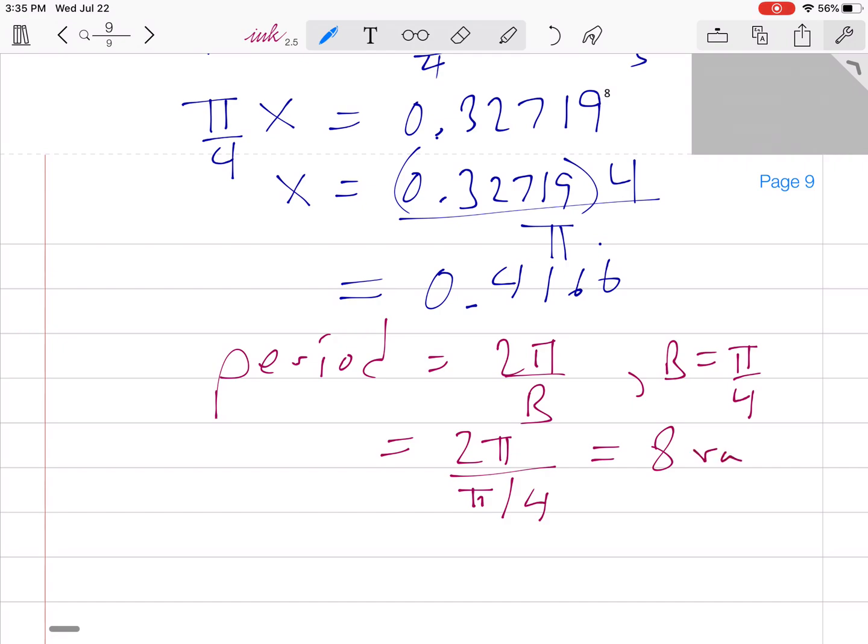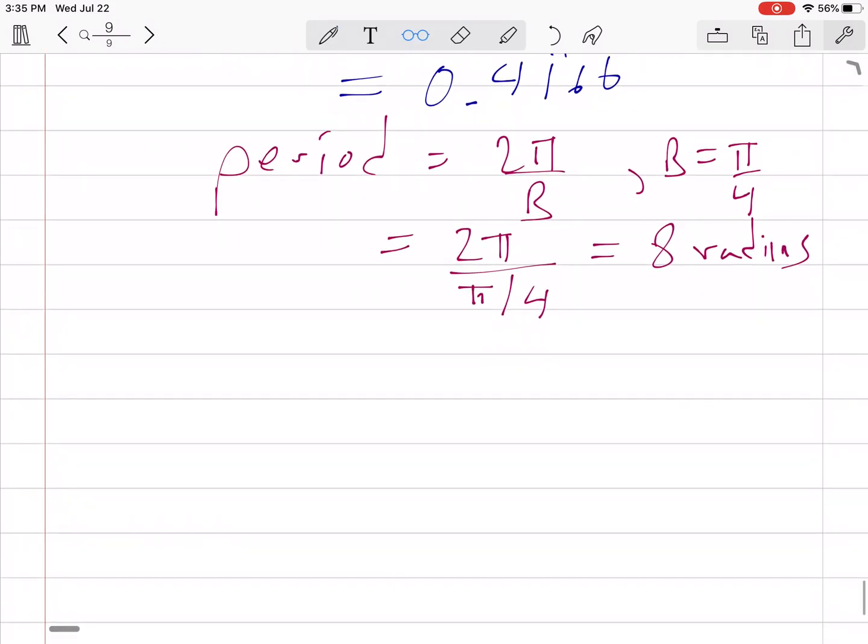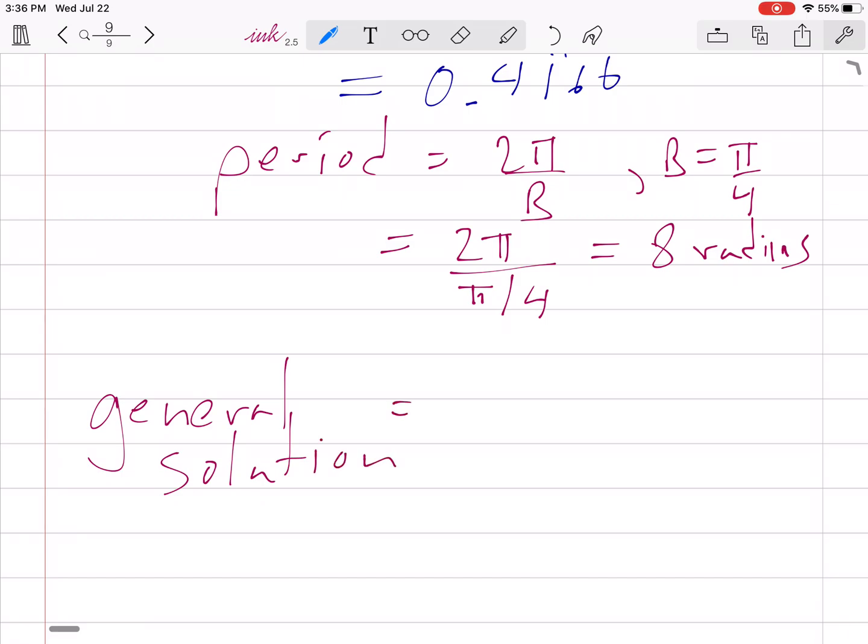That's 8 radians, so 8 radians is your period. To give a general solution then, that's going to be the one answer we had, plus 8 times n, where n is an integer. So n can be 0, 1, 2, 3, etc. And this is what we call a general solution. All right, so I'll stop there, and now you can work on the corresponding questions.